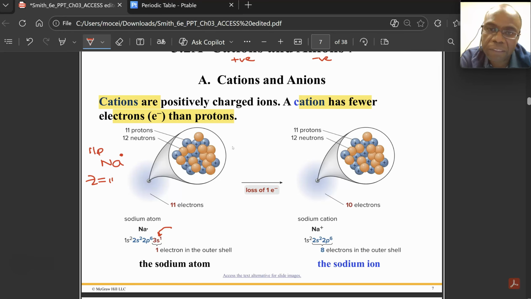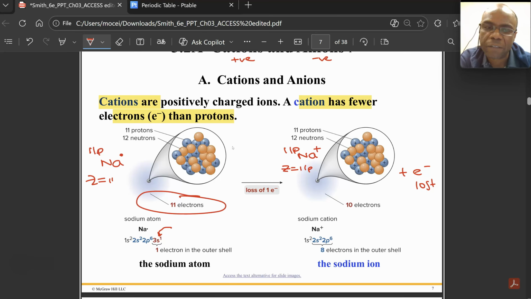Now, after losing the 1 electron, the sodium will have a plus charge because it lost 1 negative, and it still has 11 protons. So still Z is 11 protons, but the number of electrons decreased by 1. We started off with 11 electrons, we're left with 10.